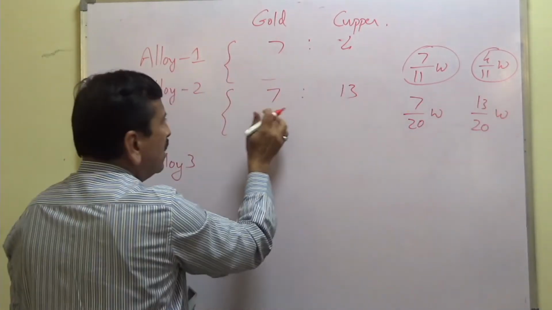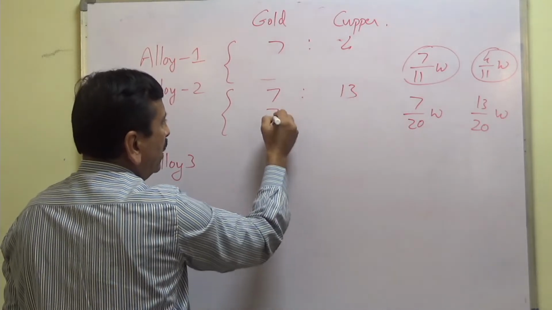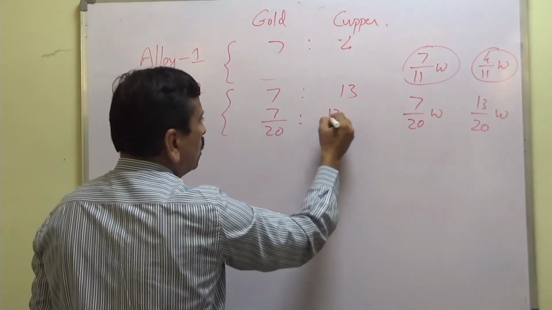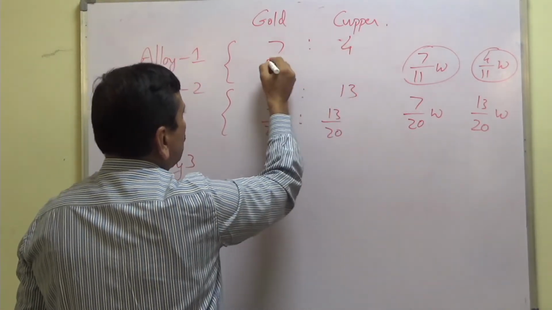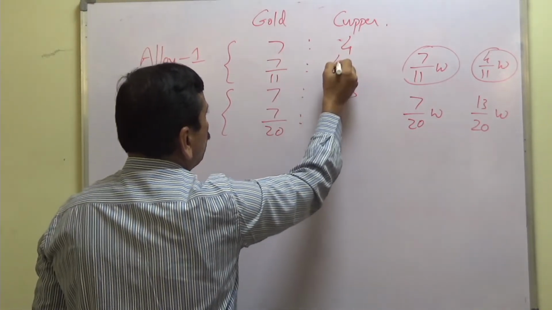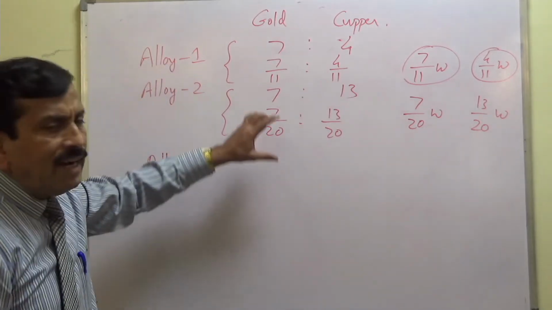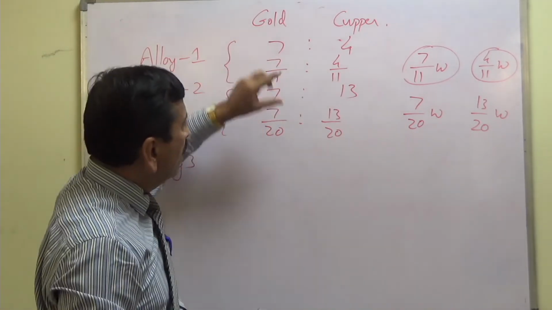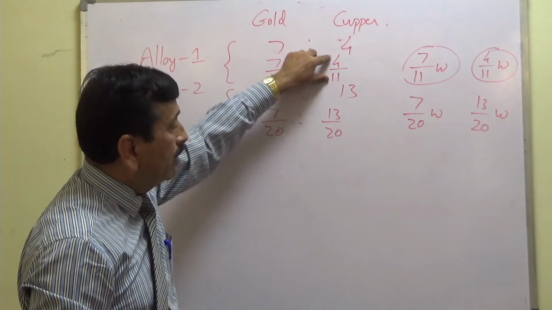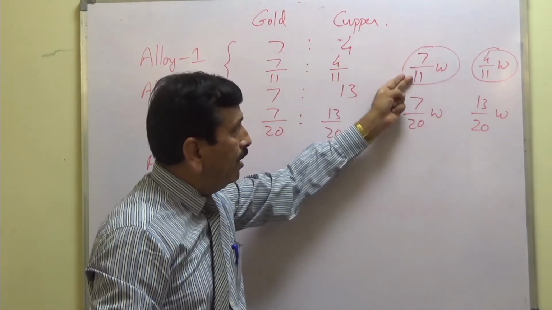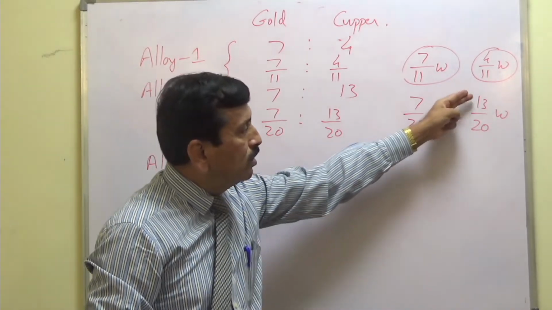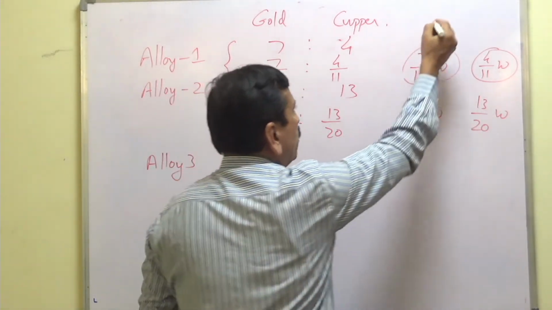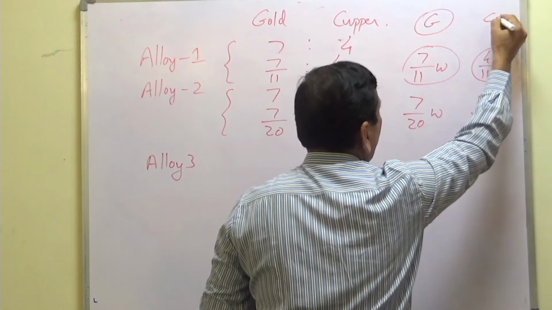You understand here? 7 and 13 total is 20, so I will make it 7/20 is to 13/20. 7 plus 4 is 11, so I will make it 7/11 is to 4/11. The idea is that then I can take a fraction: in 1, 7/11 and 4/11, but in W, 7/11 of W, 4/11 of W, 7/20 of W, 13/20 of W. Now this will be gold and this will be copper.